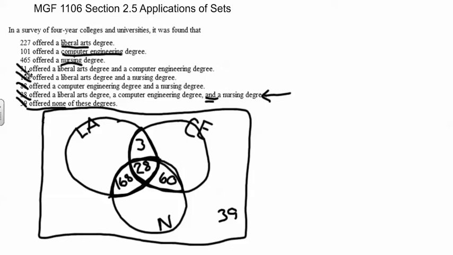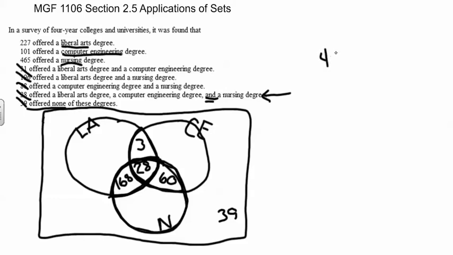465 offered a nursing degree. So we have 4 regions or areas that make up nursing down there. And we already have 168, 60, and 28 in that circle. I know 168 and 60 add up to be 228, plus another 28 is 256.